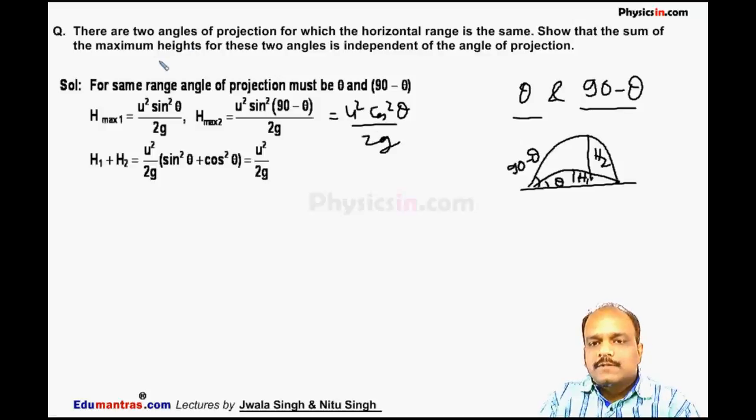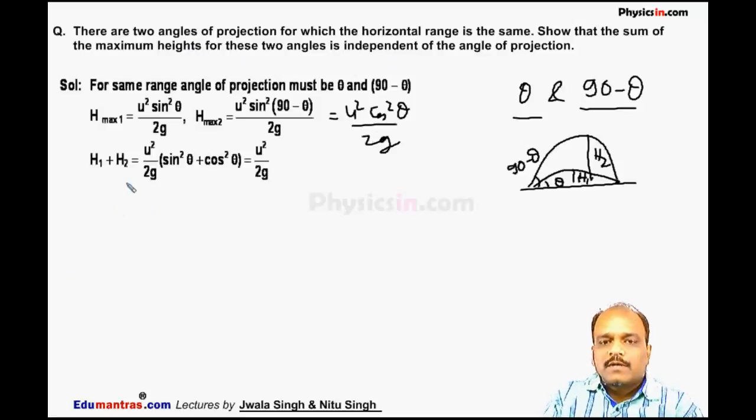Now the question says the sum of these two maximum heights, h1 plus h2. We can say h1 plus h2 is u square sin square theta by 2g plus u square cos square theta by 2g. If we add these two, we know sin square theta plus cos square theta is 1. So h1 plus h2 is u square by 2g, which is independent of angle of projection.